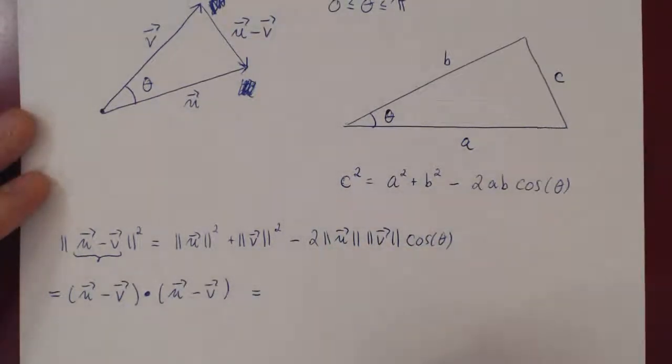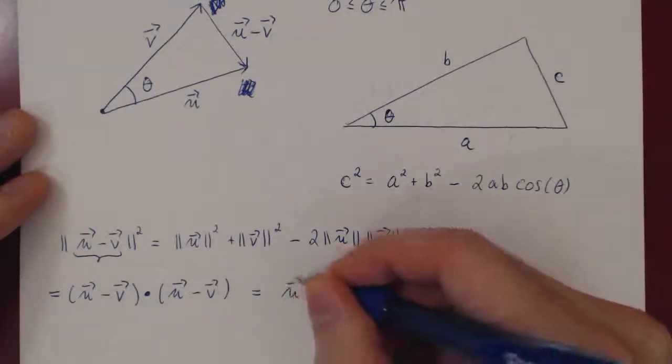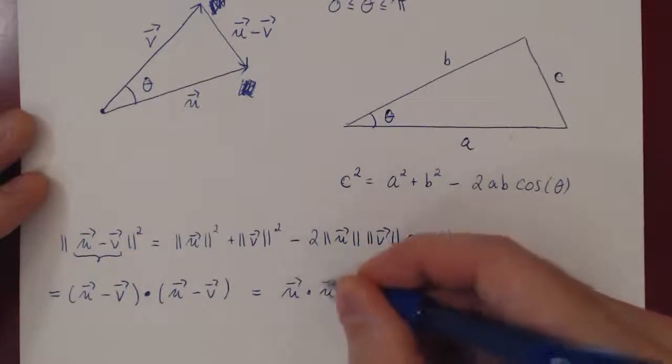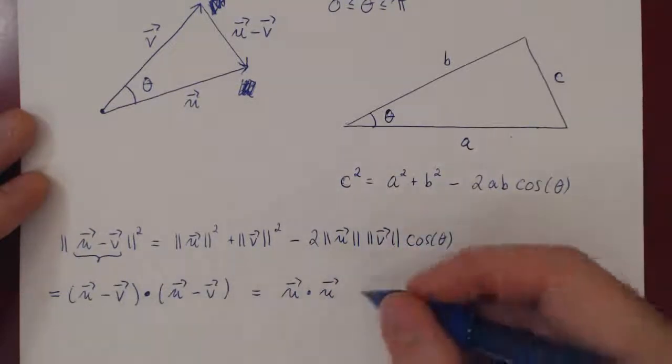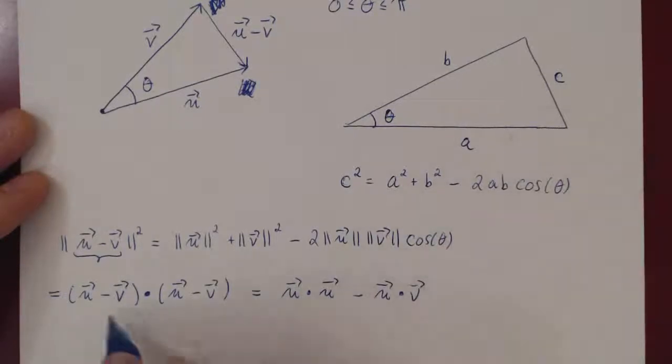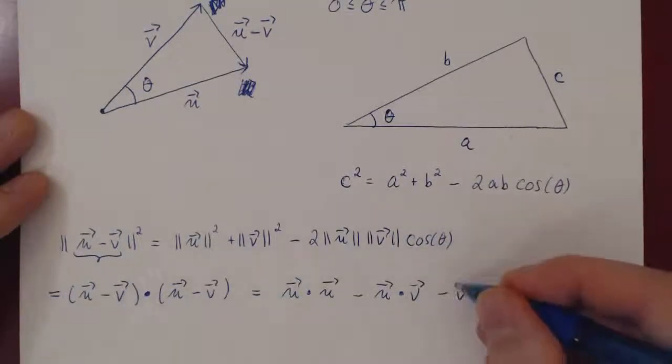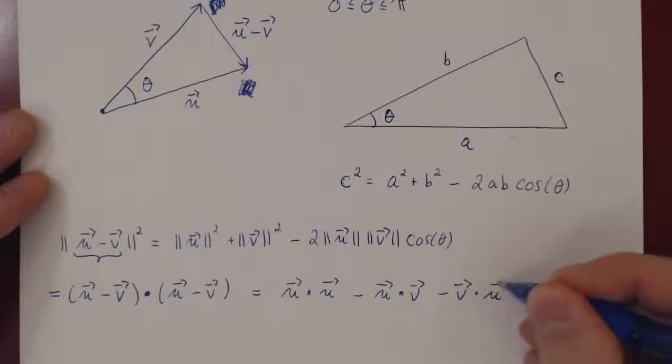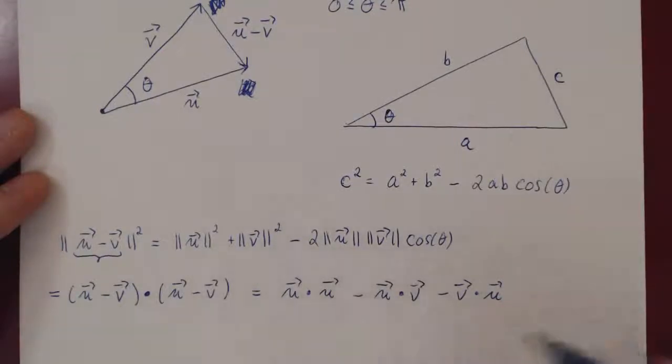Recall that the dot product, although it is a vector operation, behaves just like regular scalar multiplication. So we can distribute. We'll have u dot u minus u dot v minus v dot u, minus minus plus v dot v.